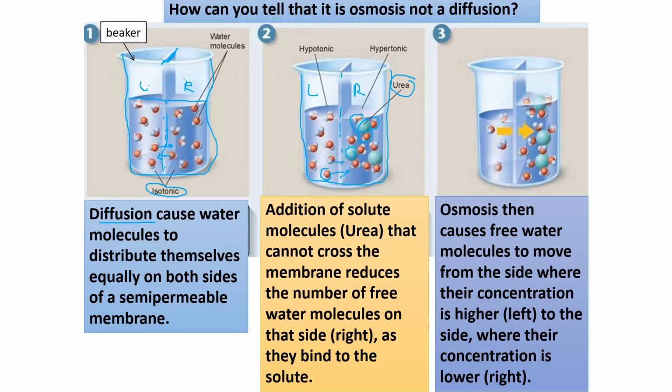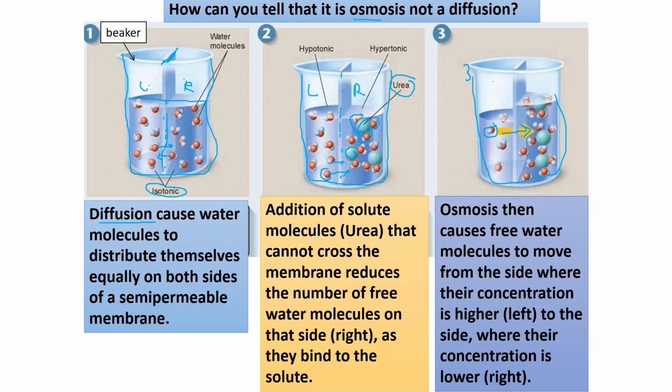And this is what's showing in the last beaker, number 3: the movement of water from the area of high concentration of the free water to the area of low concentration of the free water. This is osmosis, because we have, in this case, in the beakers, different concentrations of urea, and it makes water move, and osmosis is happening.